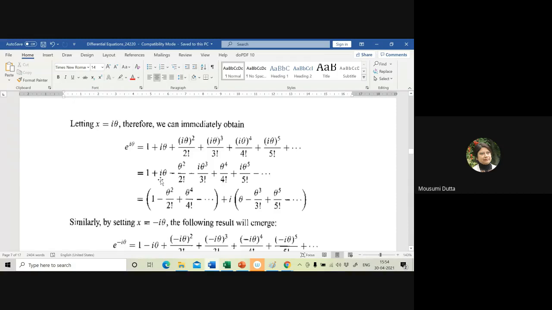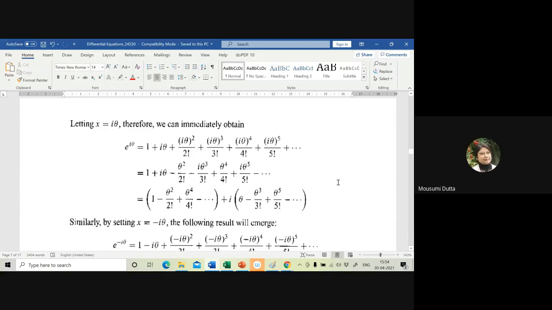And here i times theta minus theta cube by 3 factorial plus theta to the power 5 by 5 factorial, etc. So is this line okay to all of you? Yes, ma'am.